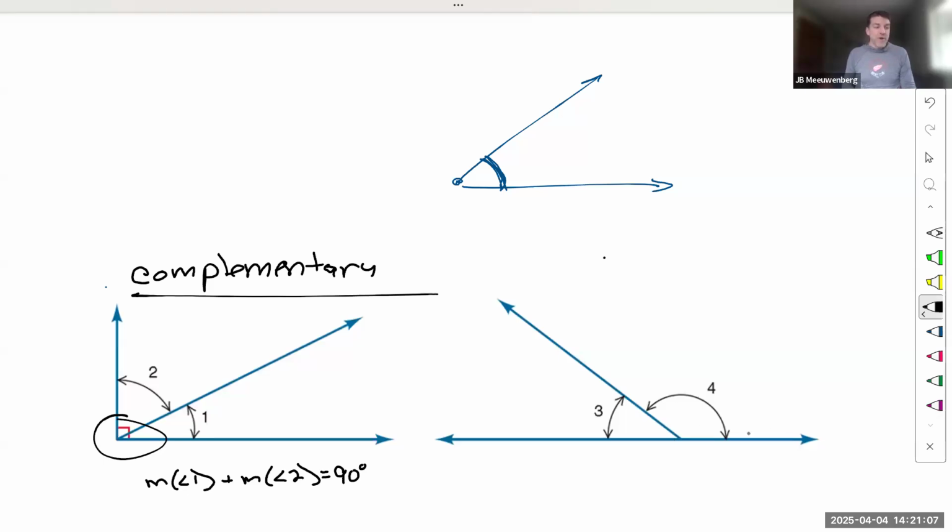This is not a right angle. This is actually a straight angle, right? It's 180 degrees. Angle 3 and 4, if we add them together, add up to 180 degrees. And two angles that do that are called supplementary.